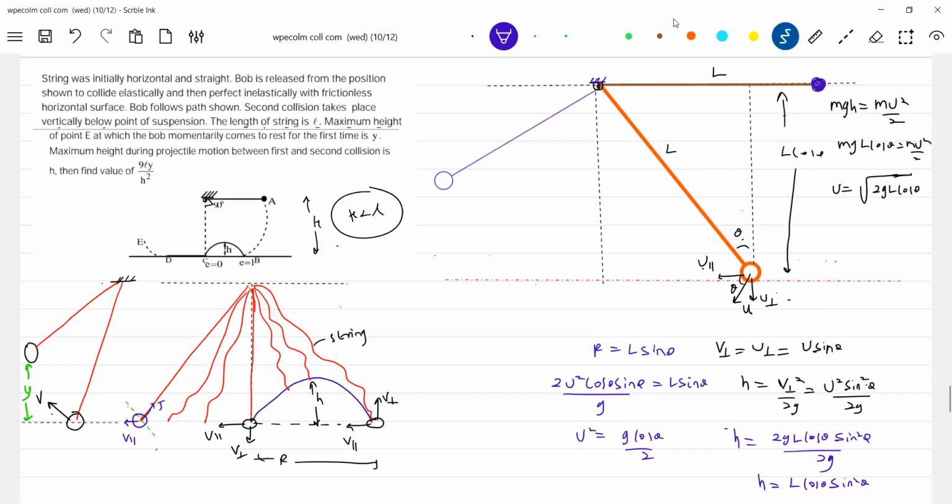I think from this we can get L with GL cos theta. Solving this, this is equation 1, this is equation 2, this is equation 3. Equating 1 and 3 will give the equation for theta.